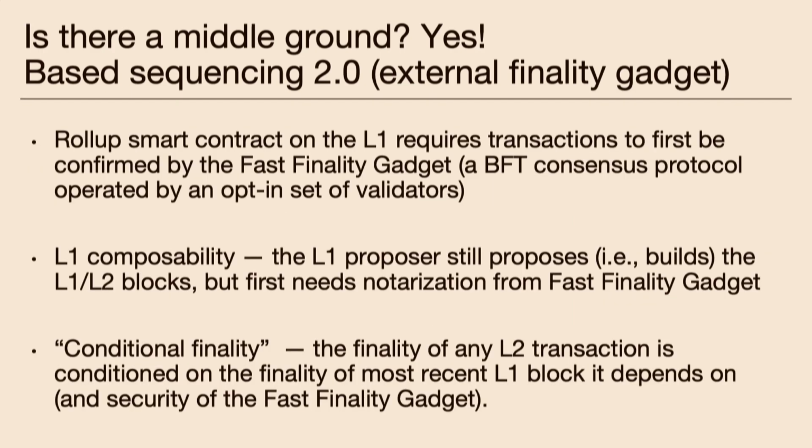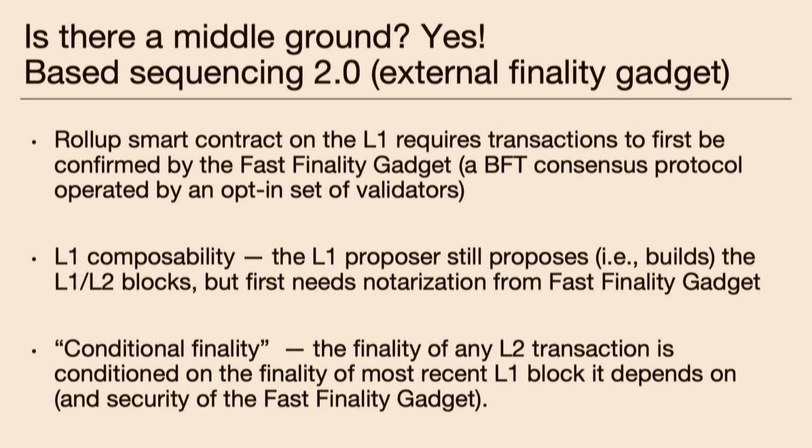So the rollup smart contract requires this fast finality gadget, which could be a BFT consensus protocol operated by an opt-in set of validators, to approve all transactions. And this still maintains L1 composability because the L1 proposer is still proposing. It's still building the L1 and L2 blocks together, but it first needs notarization from this fast finality gadget.